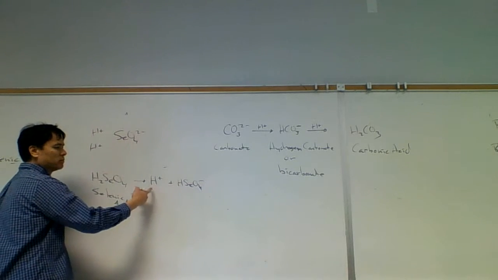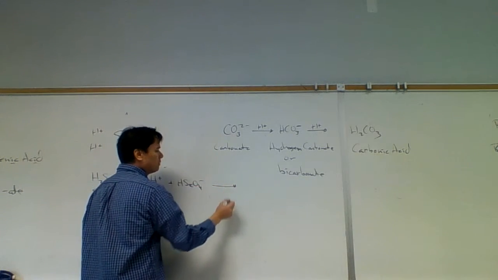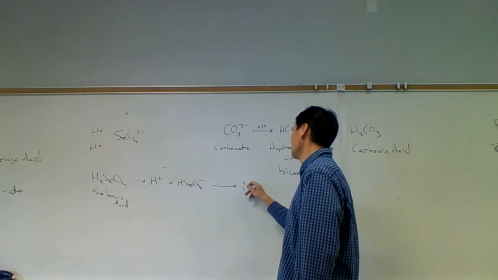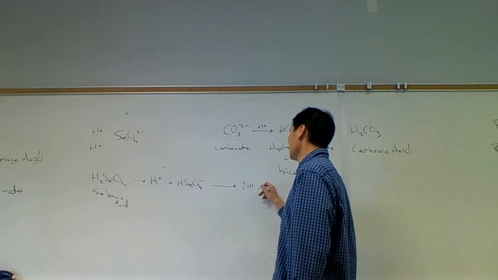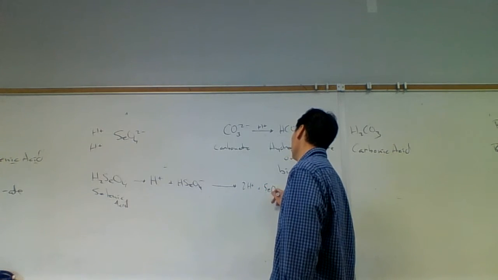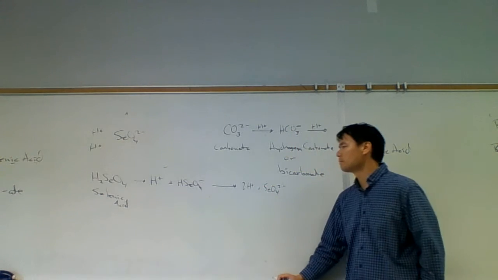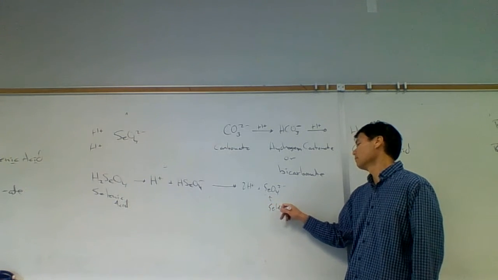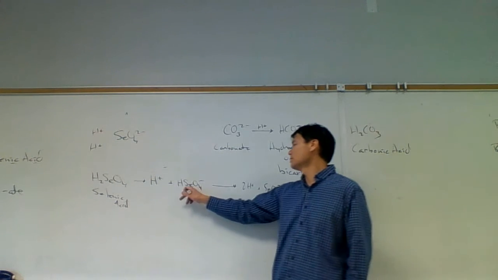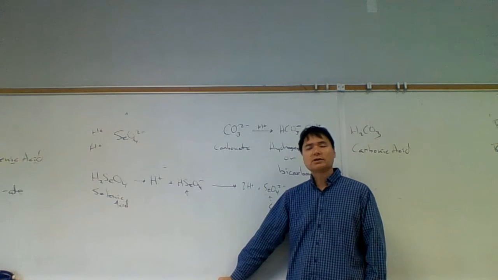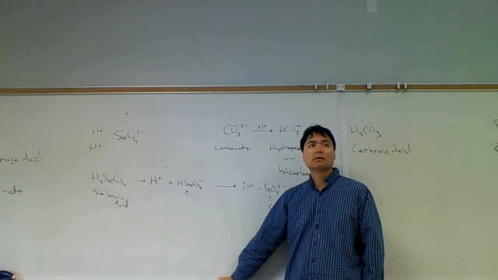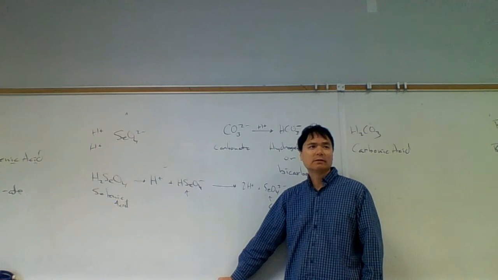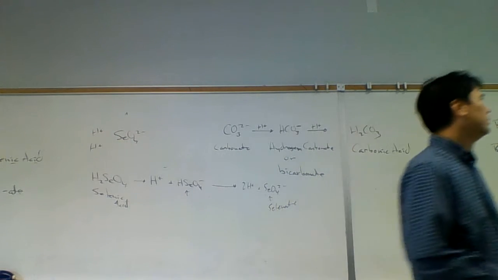Then we break off the second hydrogen, and altogether we have 2 hydrogens and a SeO4 2 minus, which we call selenate. What do we call the HSeO4 minus? Hydrogen selenate or biselenate. Pretty simple.